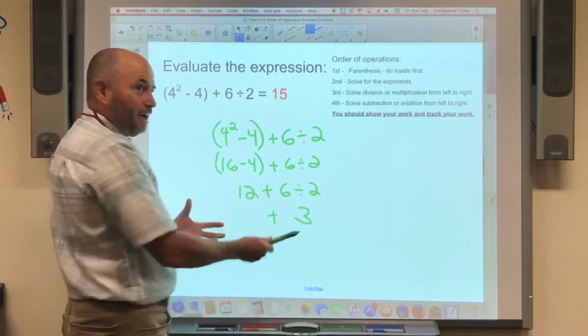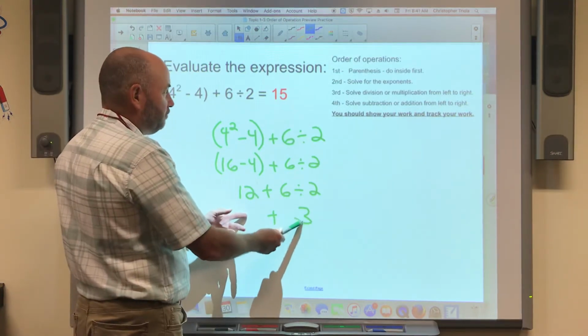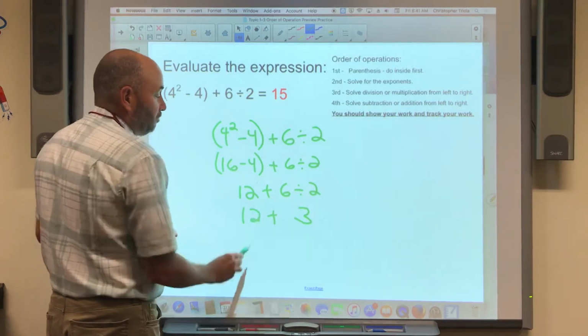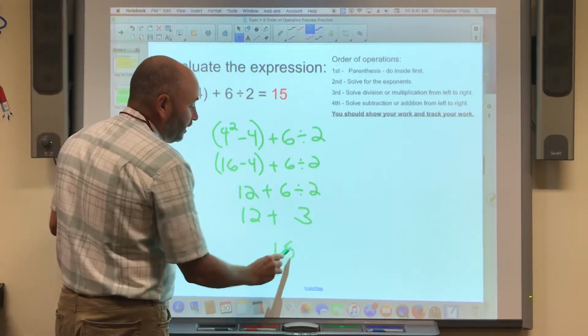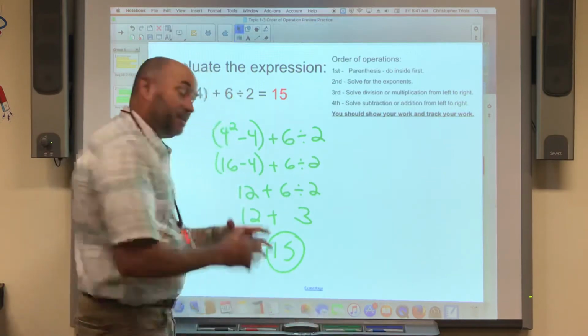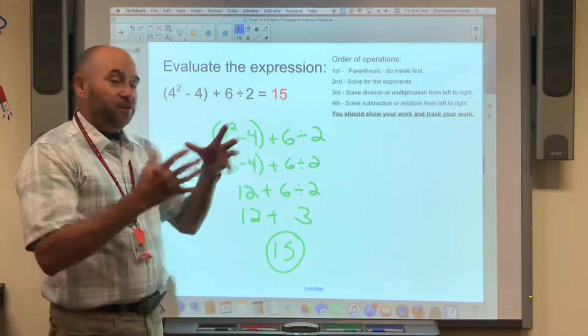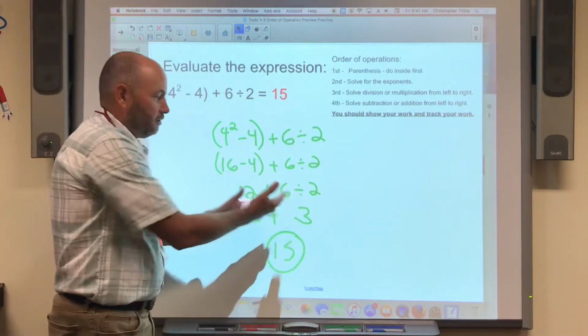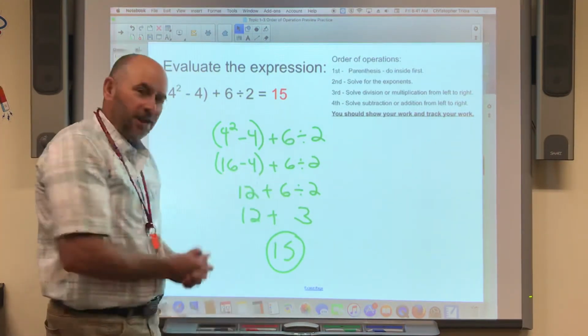And you know how I caught that? I thought to myself, wait a minute, 12 and 4 is not going to add up to 15, but 12 plus 3 will add up to 15. So by knowing the answer in advance, I was able to say, whoa, wait a minute, I made a simple, careless error in my computation.